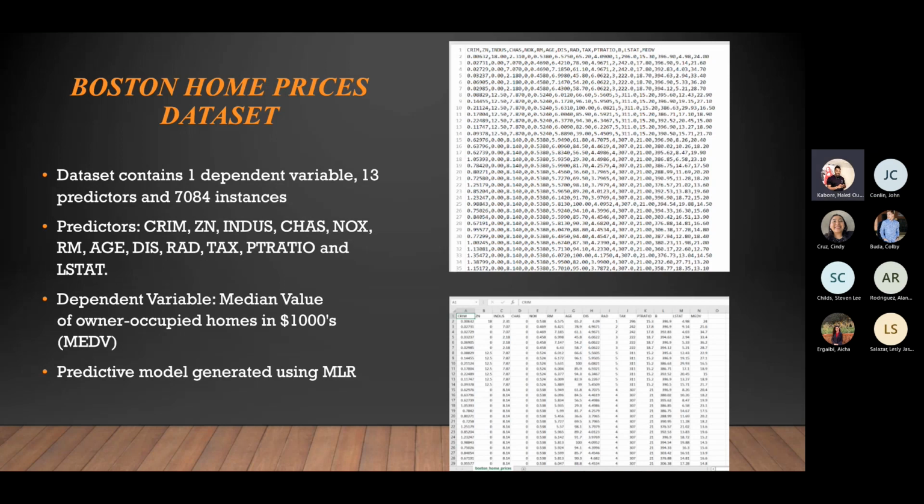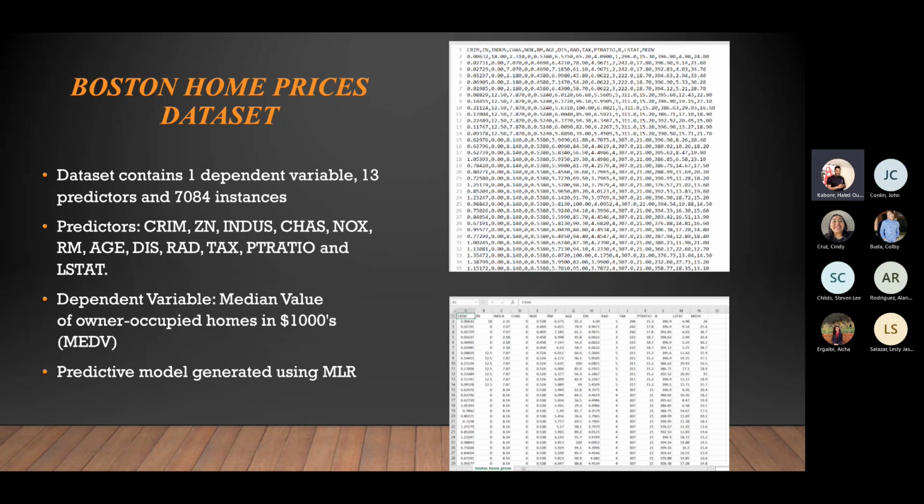ZN, which means proportion of residential land zoned for lots over 25,000 square feet. INDUS literally means proportion of non-retail business acres per town. And CHAS is going to be the dummy variable: if the house tracks the Charles River, 1 if yes and 0 if no.